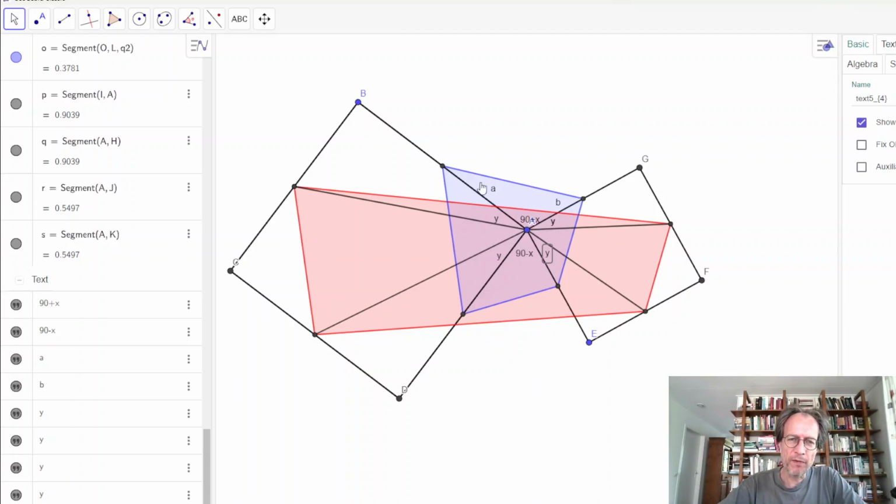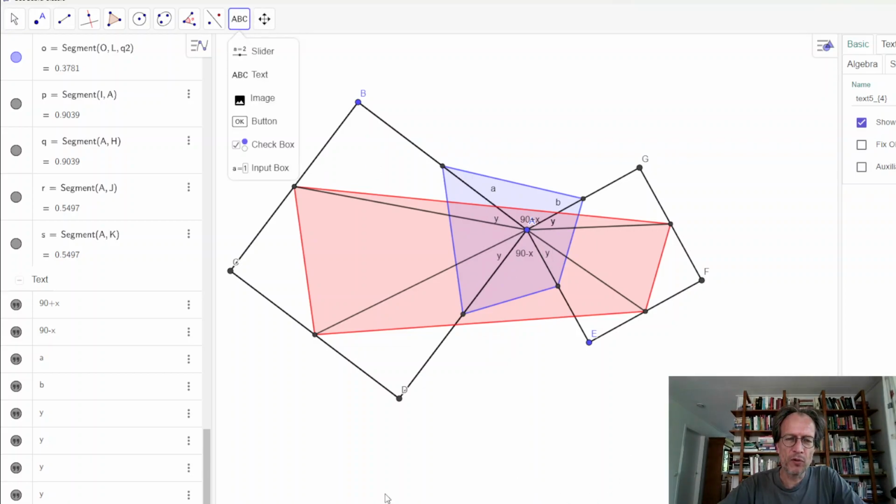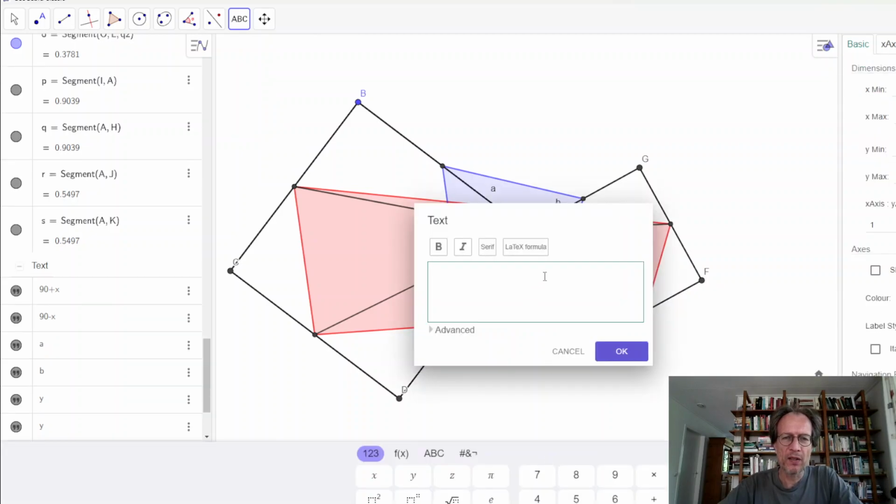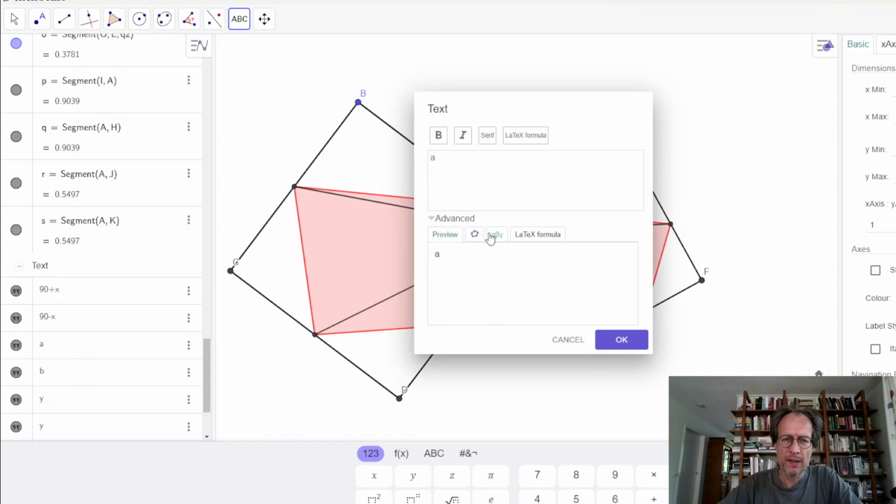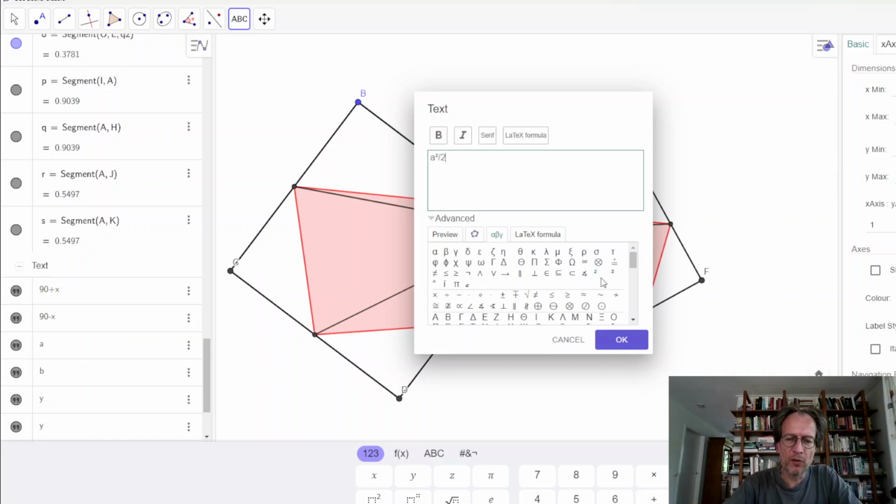Let's first focus on the isosceles right triangles. For the blue, we can easily see that those two add up to a squared divided by 2 plus b squared divided by 2.